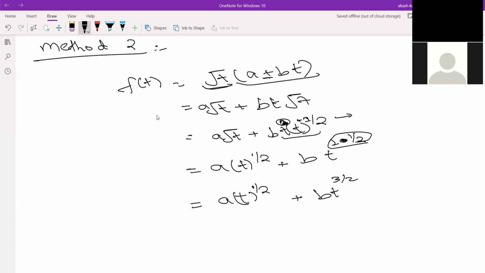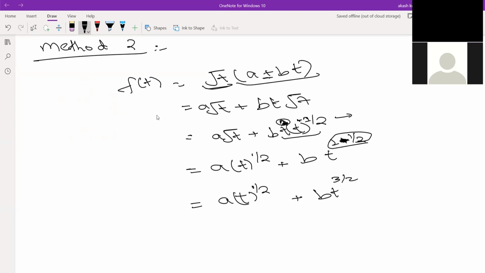Because they're the same t, we can add together. So it's going to be 1 plus half. And then when we add 1 plus half, it will be 3 by 2, right?